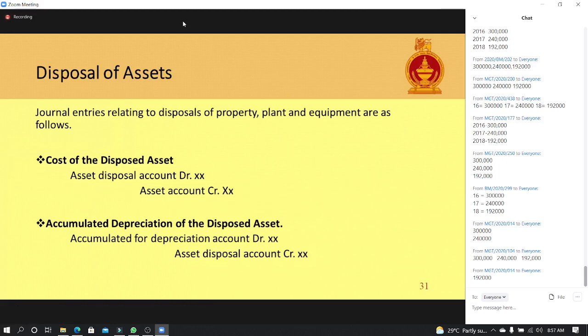Then the accumulated depreciation for the disposed assets, we have to collect to the disposal account. The depreciation account has a credit balance, so we debit it and we get this balance to the disposal account credit.